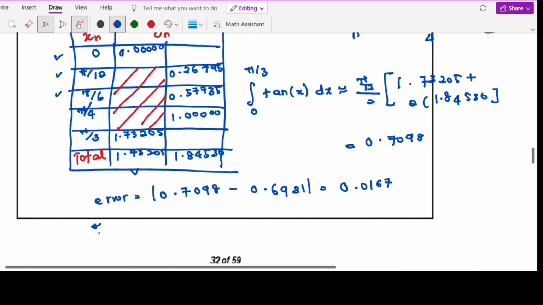The percentage error is equal to 0.0167 divided by the actual value 0.6931, and don't forget to put it in modulus form, times 100. So the percentage is 2.41%, very little. That's all for example 24.